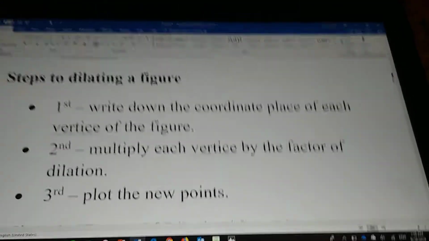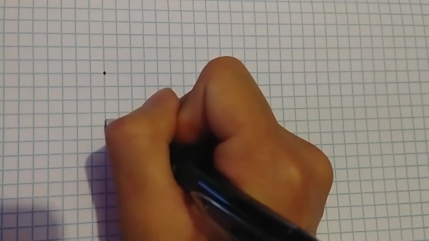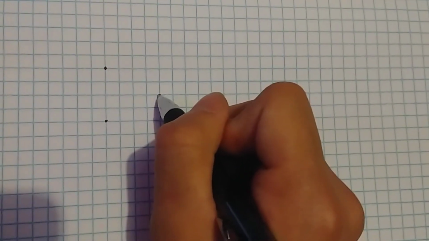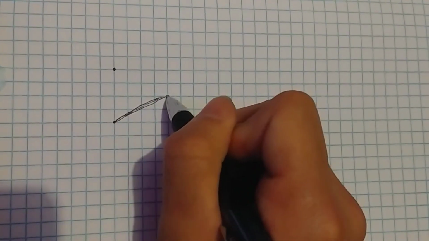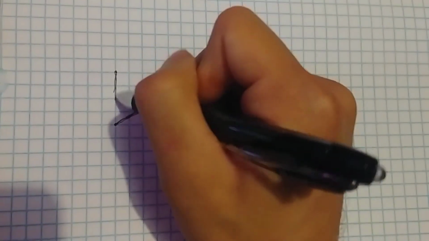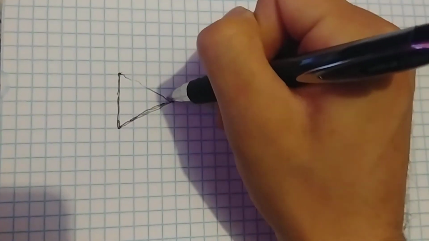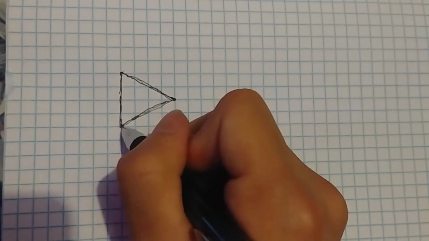So let me go to my notebook and we can make an example of dilating a figure. On your paper, you're going to have a grid that might look like this. Let me give you a generic figure like this. Sorry for my not so good looking triangle. You will be given an x and y axis for you to be able to identify each vertex.